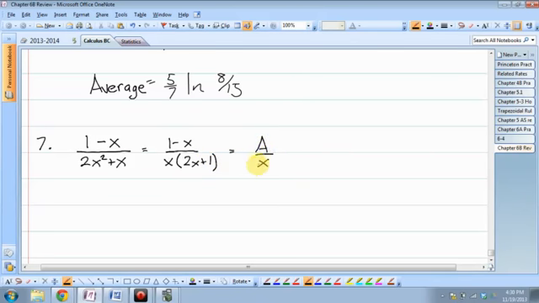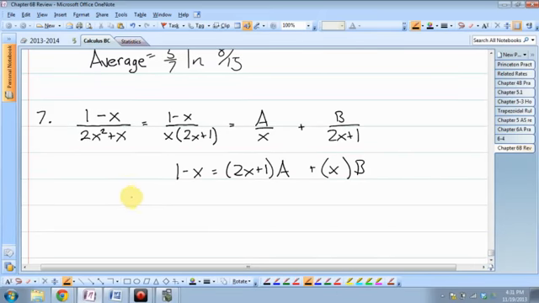It's going to be a over x plus b over 2x plus 1. So 1 minus x equals 2x plus 1 times a plus x times b. Picking convenient values, x equals 0. So you have 1 minus 0 equals 1a plus 0b. So a equals 1. The other convenient value is negative 1/2.